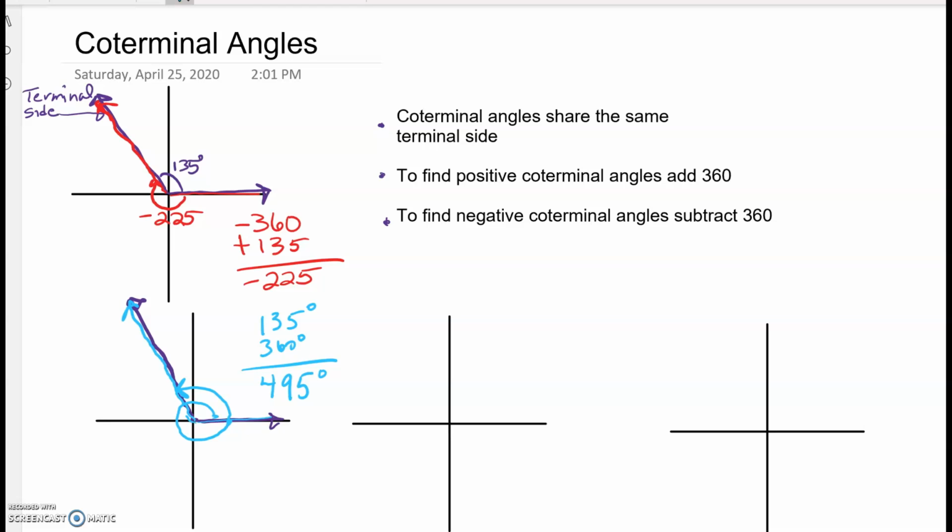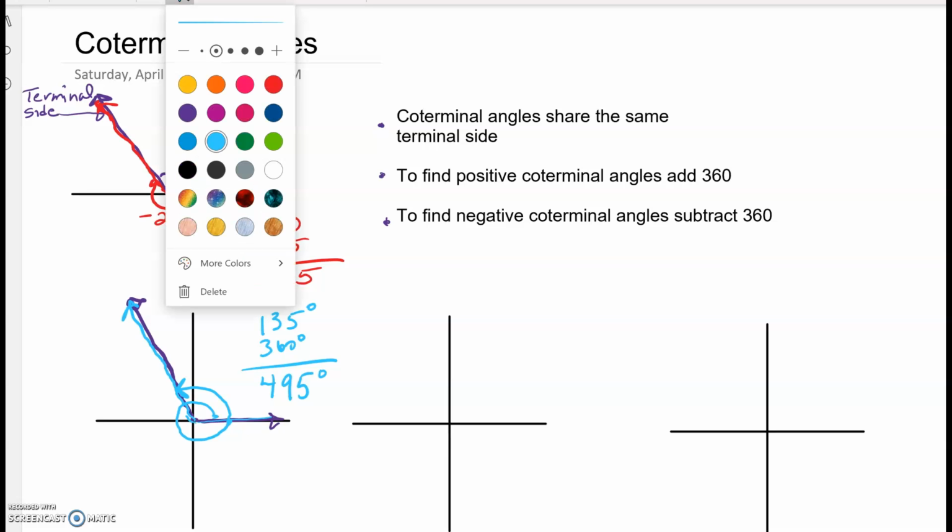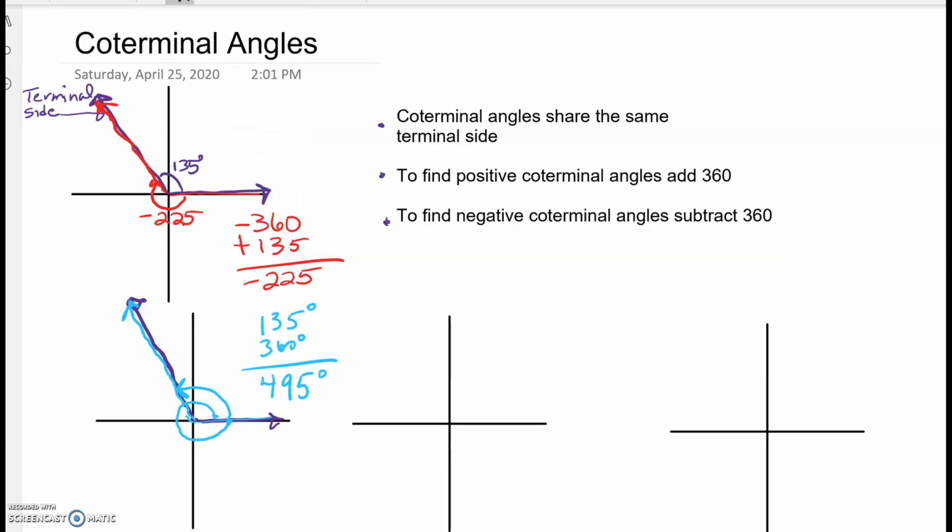Let's try an angle in the opposite quadrant to that. Let's go to the fourth quadrant. So I'm going to go back to the color purple. This time I'm going to start and go all the way around to the fourth quadrant and stop. So this, let's say, is 315 degrees.